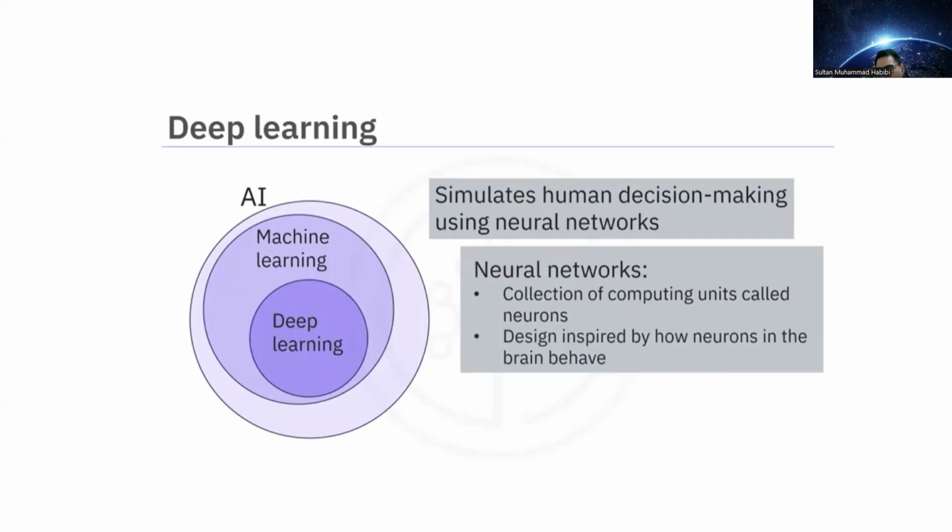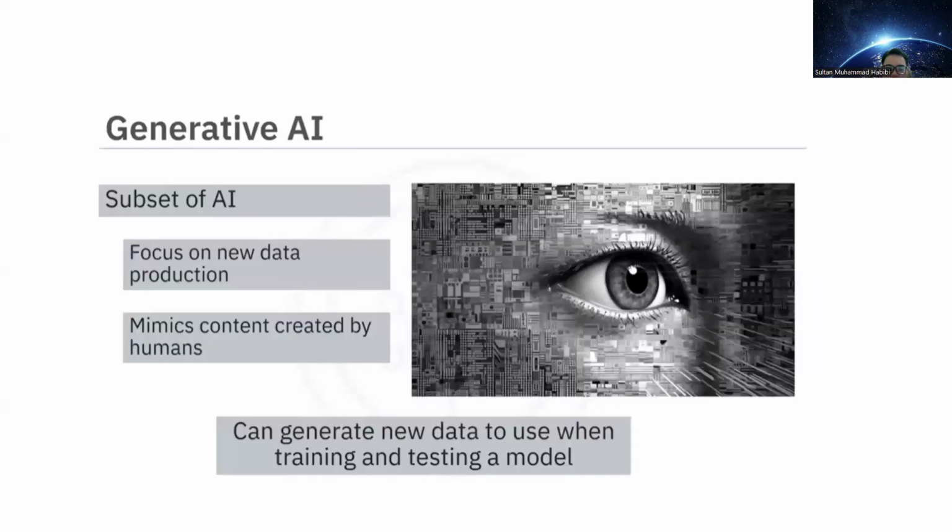In particular, I believe it simulates human decision making using neural networks. And of course, there's also generative AI. It's a subset of AI, basically something where the AI tries to generate something, maybe an image, maybe sound, maybe data, anything that could help humans do their job.